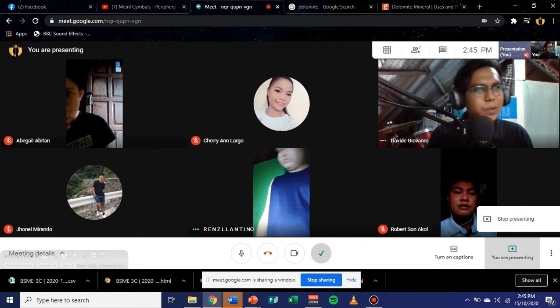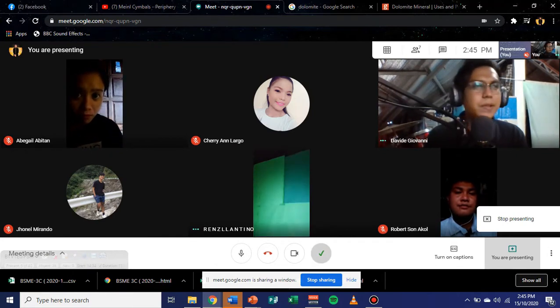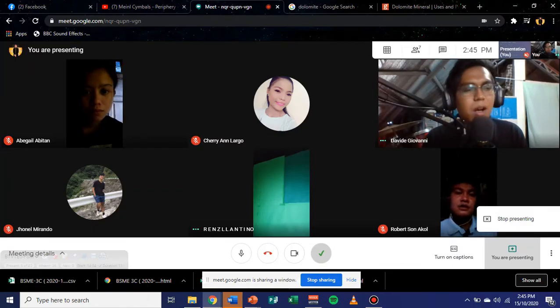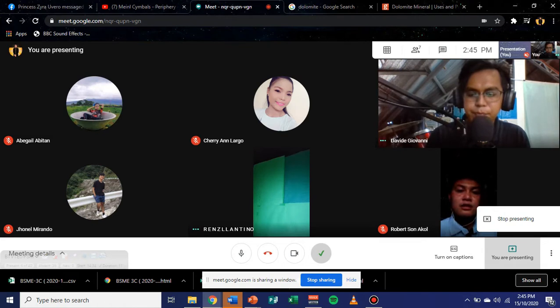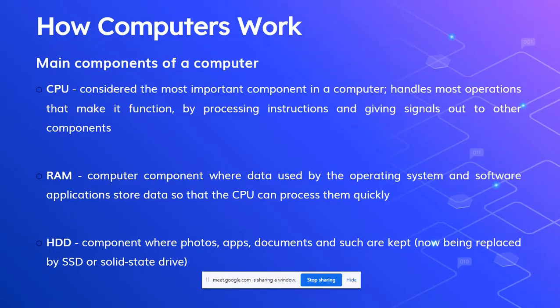So, tingnan natin yung basic parts. Balikan natin yung basic parts niya. Yung isang computer system is comprised of many components. Mainly, we have the CPU or the central processing unit of the computer, which is considered as the most important component in a computer.